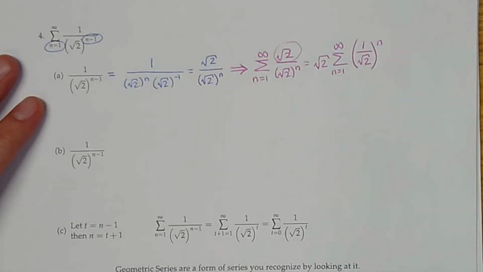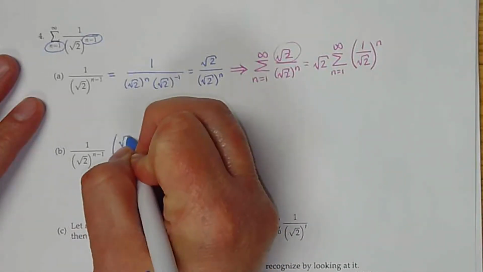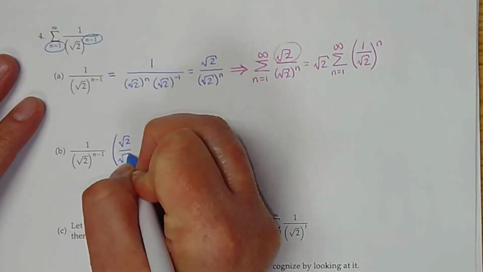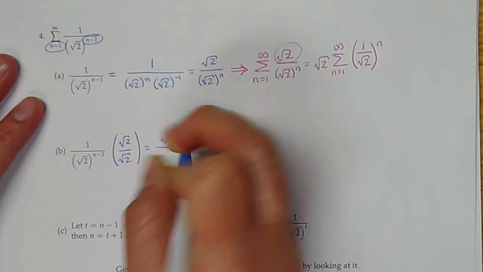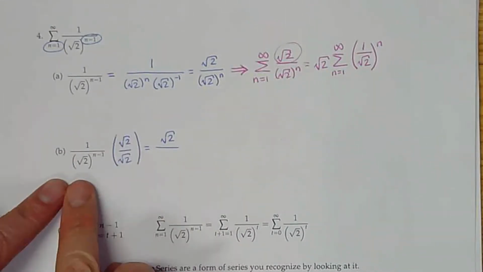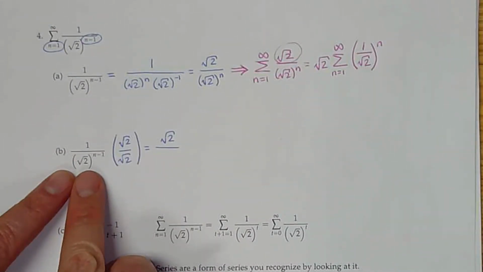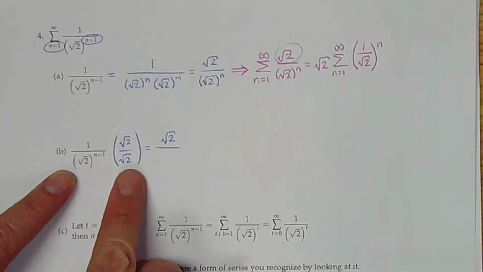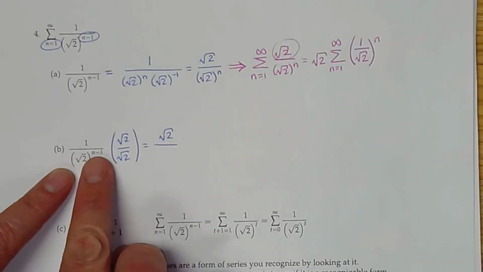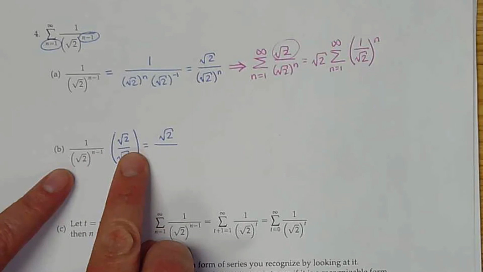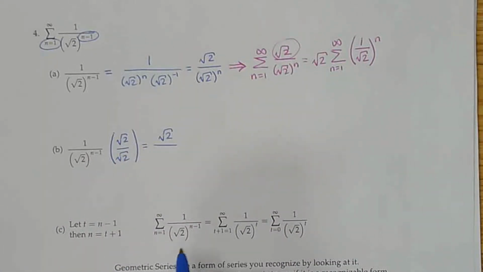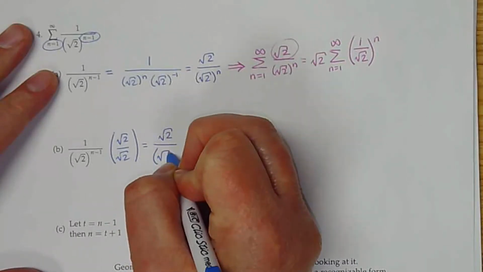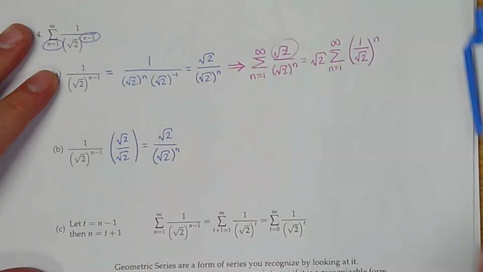Another algebra trick we can use is to multiply this by the square root of 2 over the square root of 2. That gives me the square root of 2 in the numerator because that's 1 times the square root of 2. And in the denominator, I have the same base. These are both square root of 2. This is raised to the n minus 1 and this is raised to the 1, and so we would add those together. So I get n minus 1 plus 1, which gives me the square root of 2 raised to the n.